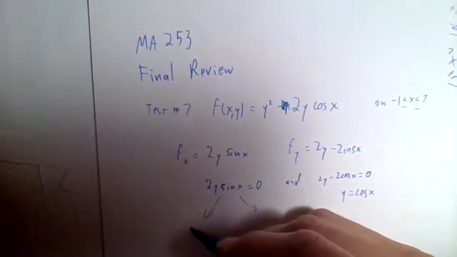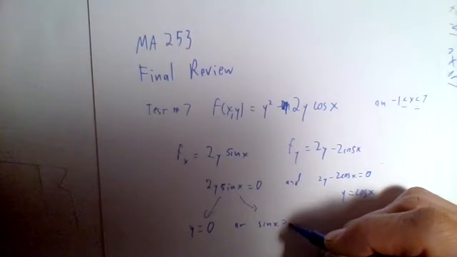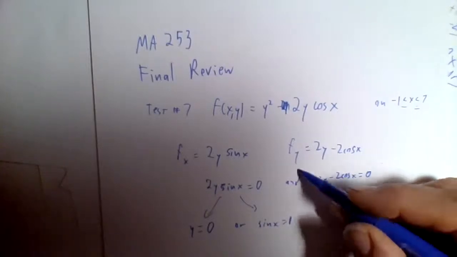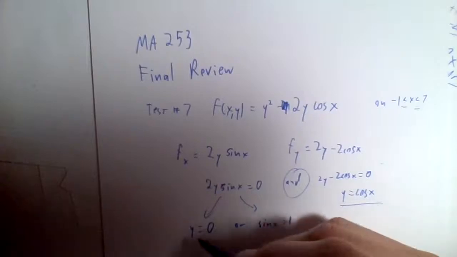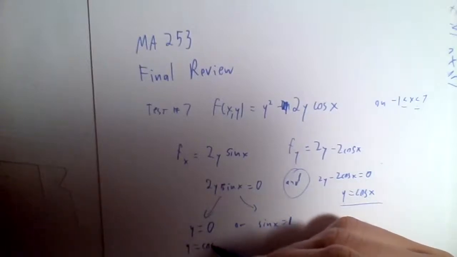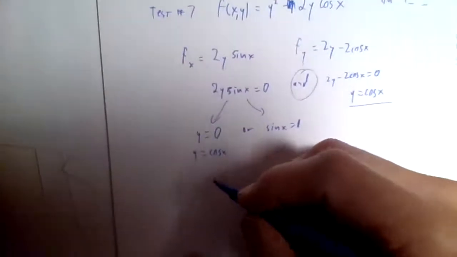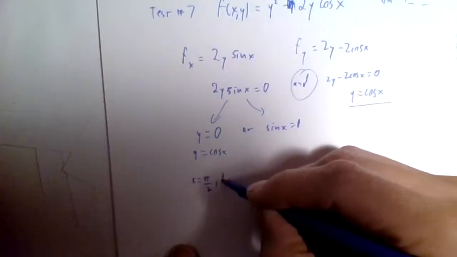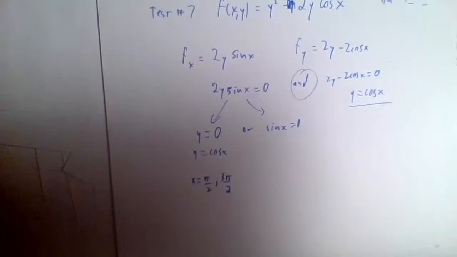So the zero factor property tells you either y is 0 or sine x is 0. But that's and y equals cosine x. So if y is 0 and y equals cosine x, that means cosine x is 0. So that happens when x is pi over 2 or 3 pi over 2. Those are the places on the unit circle where cosine is 0.